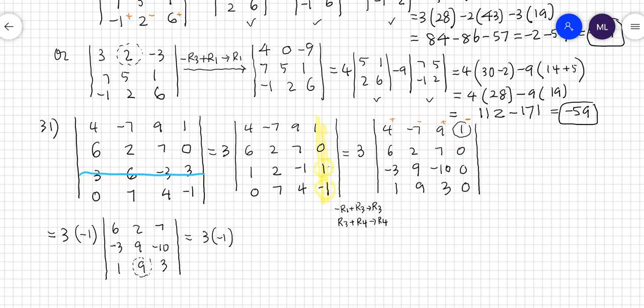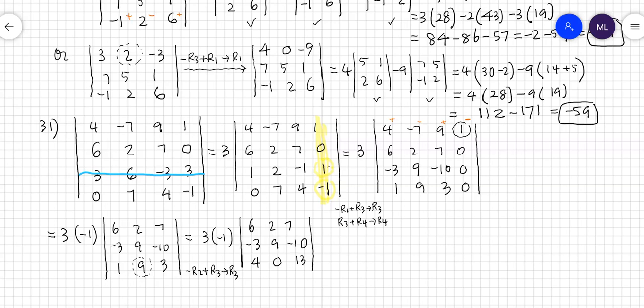Okay, and then now see here. So this 6, 2, 7, and then negative 3, 9, negative 10. I'll make this 0. How do I do that? Negative R2 plus R3 will go to R3. So this is going to be positive 3, 1, 4, negative 9, 9, 0, positive 10, so 13.